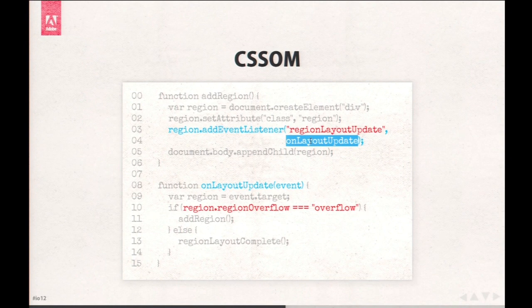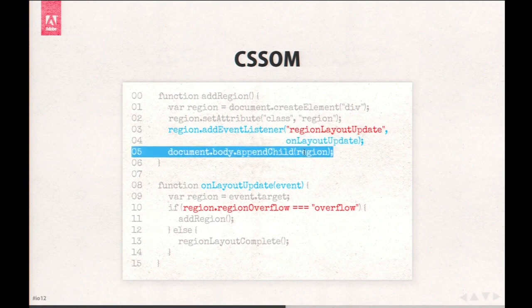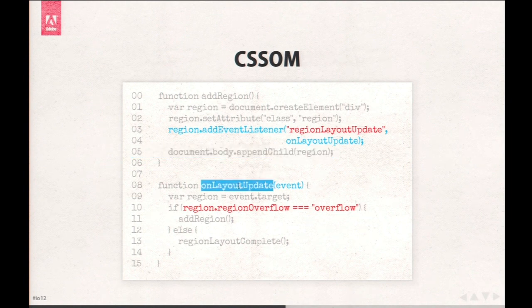Basically what this is saying is if the text inside that region changes in any way, if text is added, if text is removed, if the font size changes, if the element is resized for any reason, then call this onLayoutUpdate function so that I can take a look at the page, figure out what happened, and update my layout. And then just append that region to the body of the document.